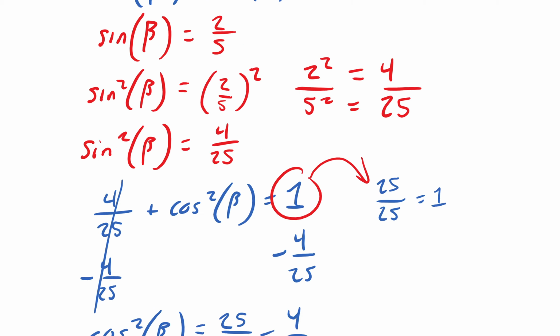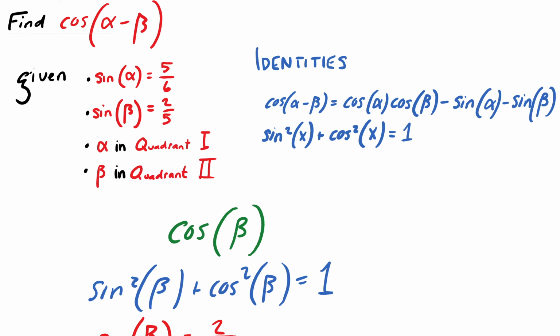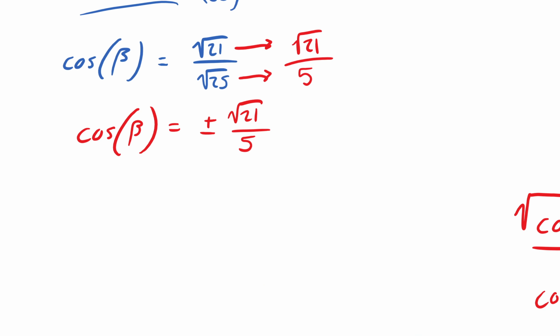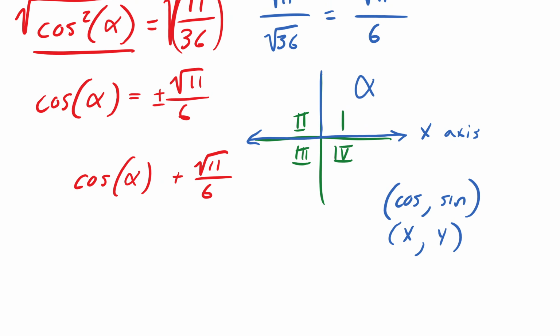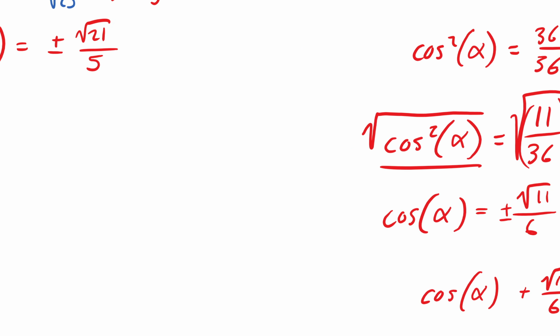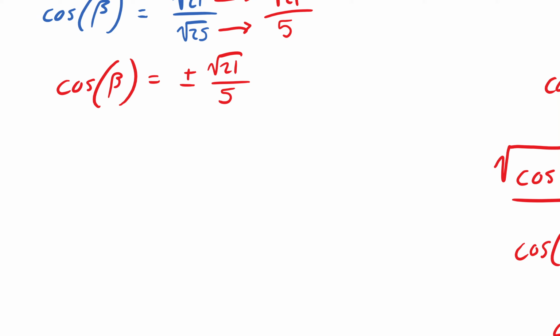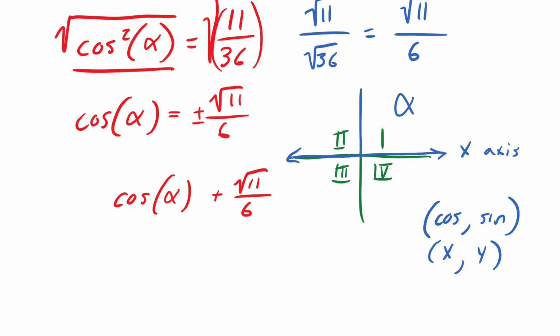But now let's look at what quadrant it is. It's going to be in quadrant 2. And it's cosine, so we know from this graph over here, since this is in quadrant 2, that it's going to be negative. The reason is that if it's in quadrant 2 and it's a cosine, we know that if it's on this side of the axis, it's going to be negative.